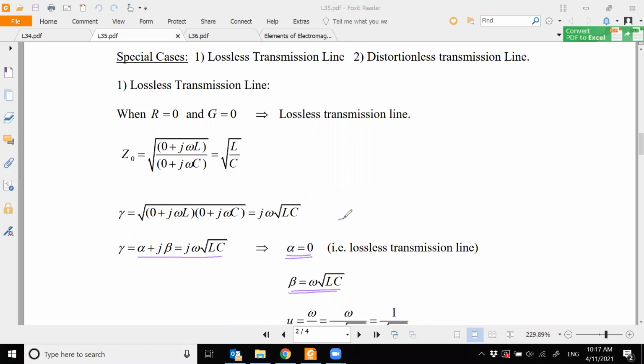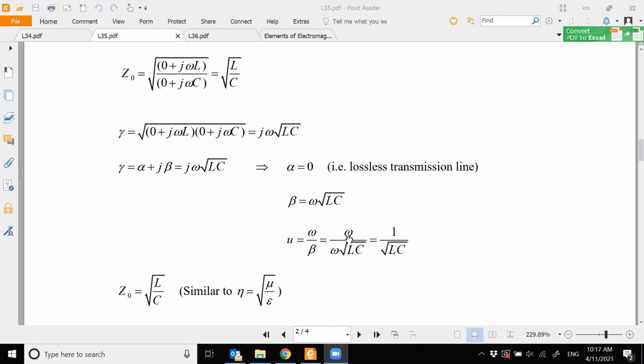So my attenuation constant is now becoming zero. That's why it's a lossless transmission line. And in this case, your u is omega over beta. So which I can now simplify because I know my beta is omega root of LC. So omega over omega root of LC is nothing but 1 over root of LC.